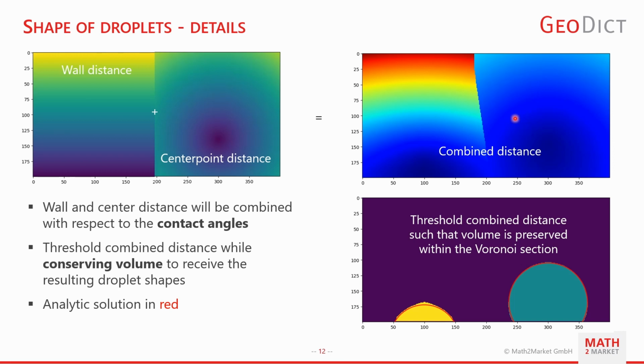We will now threshold this field while trying to conserve the volume of the starting droplet, which will give us the shape shown down here. And again, here the red line is the analytic solution, which will also again show quite a good match.